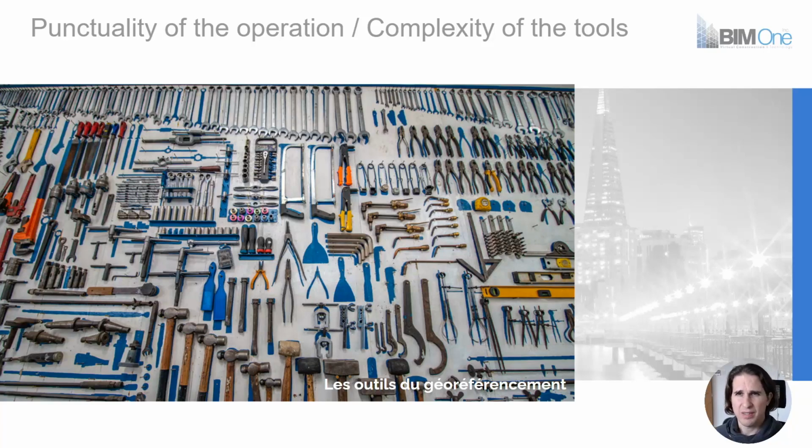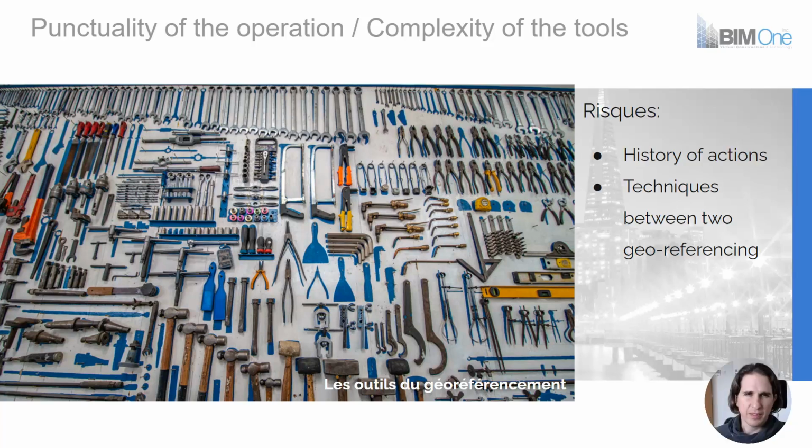A project is rarely georeferenced more than 2 or 3 times during its life cycle. So there are a lot of preconceptions and recipes with no real understanding of what's going on. Some of the risks are to lose the history of the actions on the referential, and also to lose the information and techniques between two georeferencing.